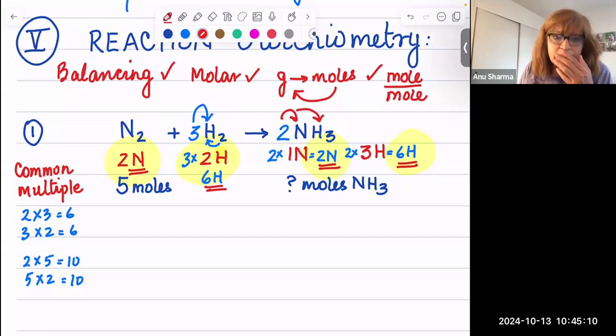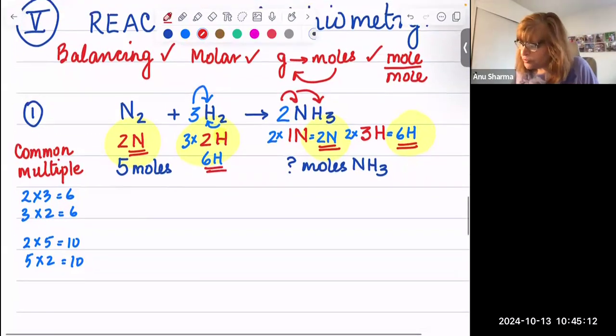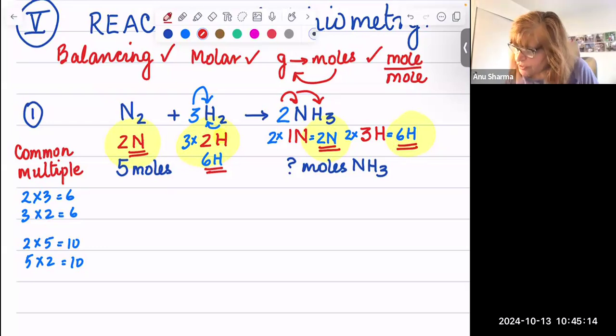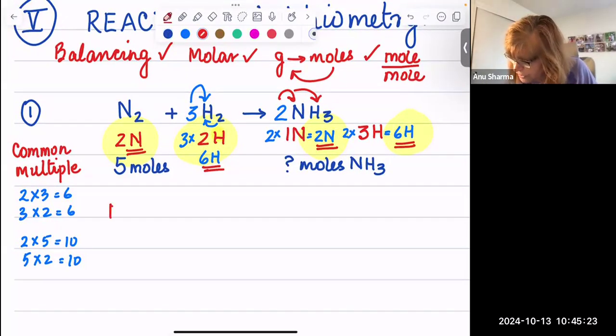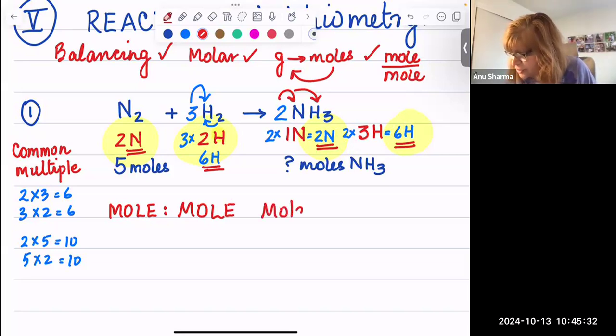So this was a simple one. Now this question is going to test your understanding of the mole to mole ratio. Let's look at all the moles here. Mole to mole ratio is also called molar ratio.